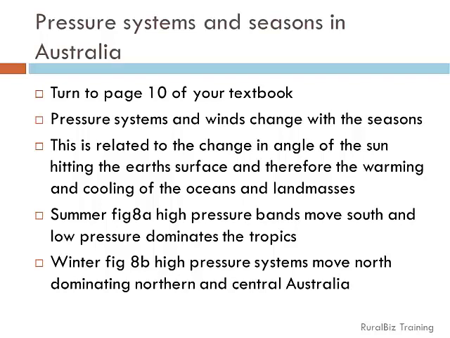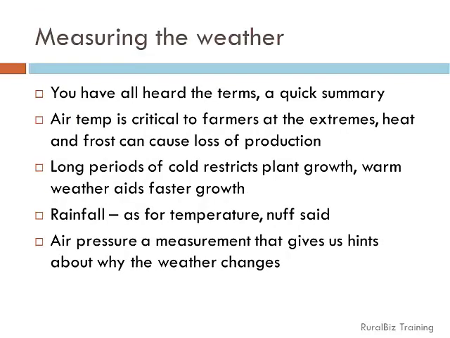The other thing that happens in January is that as those high pressure systems move south, it allows the monsoon ridge to move into the northern part of Australia, bringing in low pressure systems, generalised rain, our wet season, and the possibility of cyclones. Now rainfall changes with latitude. As you move north in Australia, the rainfall becomes more summer dominant, and as you move south, the rainfall becomes more winter dominant.